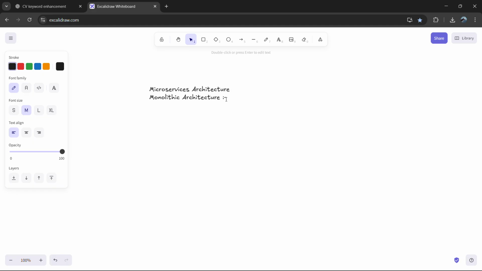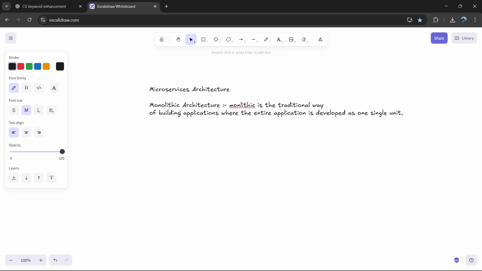Basically, monolithic architecture is the traditional way of building applications where the entire application is developed as one single unit.